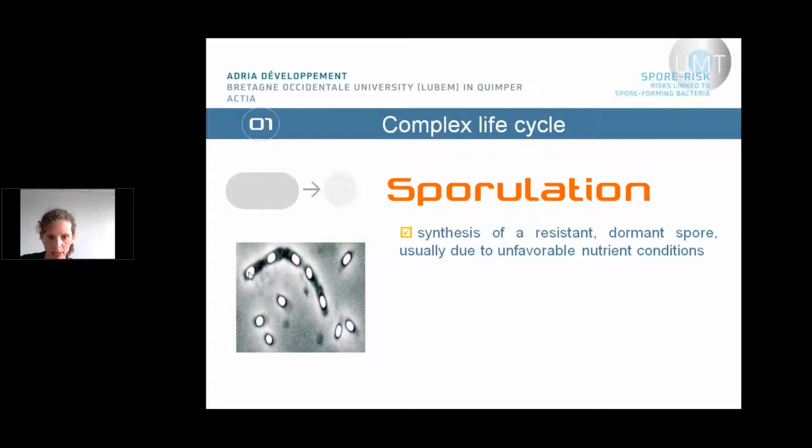So you see here the spore, the endospore, and here the cell. So one cell will give one spore. Spores are a dormant but highly resistant state of Bacillus. Sporulation mainly occurs when unfavorable nutrient conditions arise, most of the time nutrient depletion.